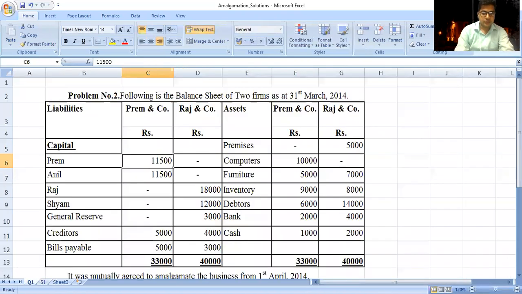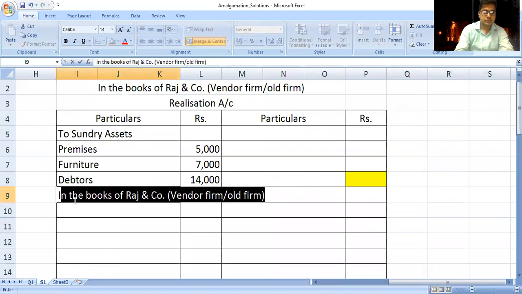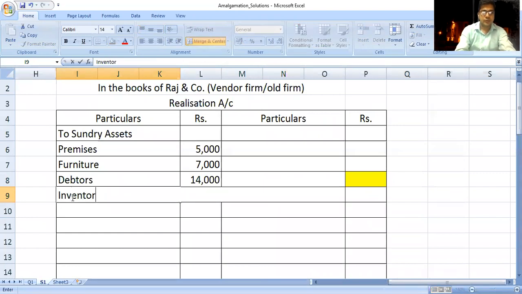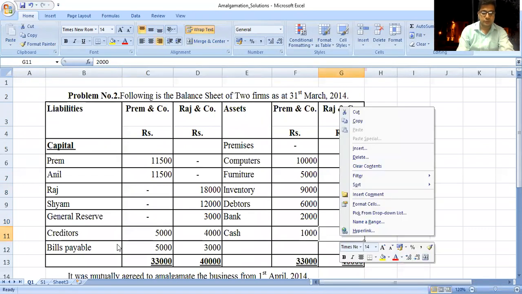Then after that, inventory they are provided. Inventory's value is rupees 8,000. The same value we have to consider. Inventory means stock. After recording inventory, next is bank 4,000, cash 2,000.